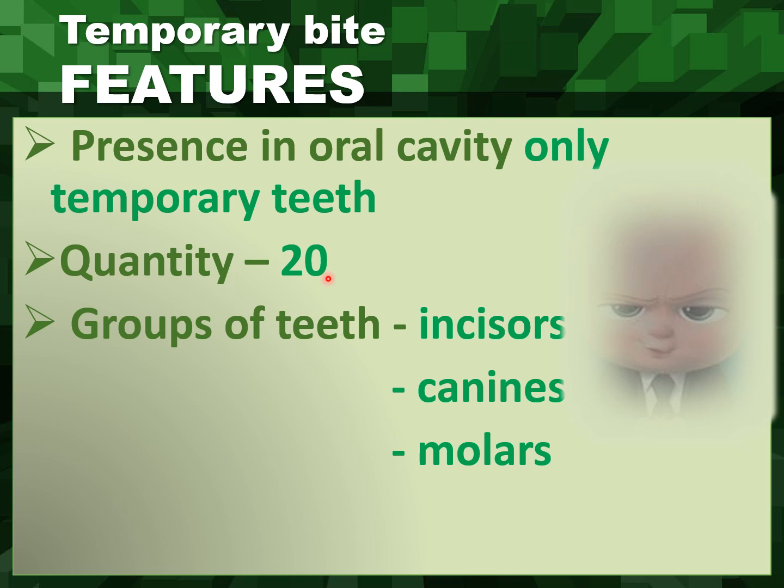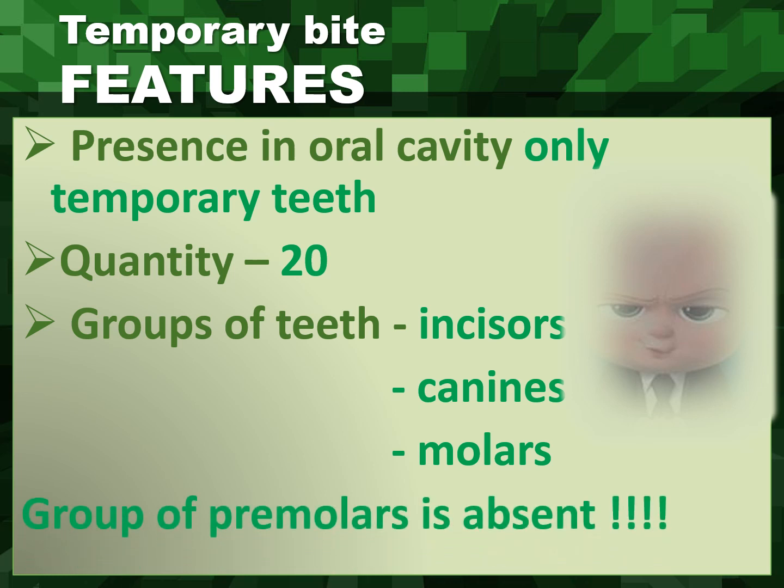There are three groups of teeth: incisors, canines, and temporary molars. In the temporary bite period, there is no group of teeth like premolars, only incisors, canines, and molars. The group of premolars is absent.